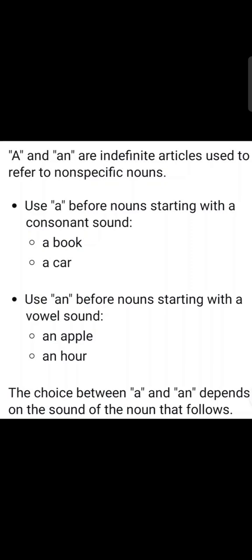That is, first of all, we hear M as an "e" sound. So here the letter is consonant but the sound is starting with a vowel. So here a will not be used.